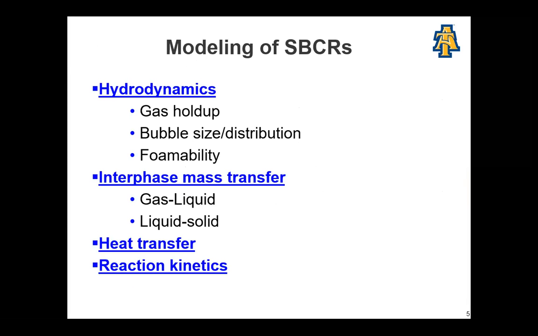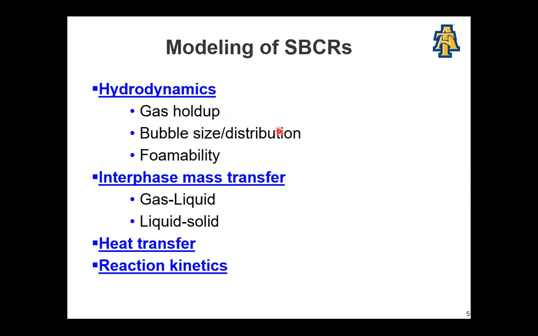So in the modeling and designing of a slurry bubble column reactor, it requires a reliable prediction of the volumetric mass transfer coefficient. This coefficient is usually a function of the hydrodynamic characteristics, which are the gas holdup, the bubble size, the regime transition velocity, and also the bubble diameters.